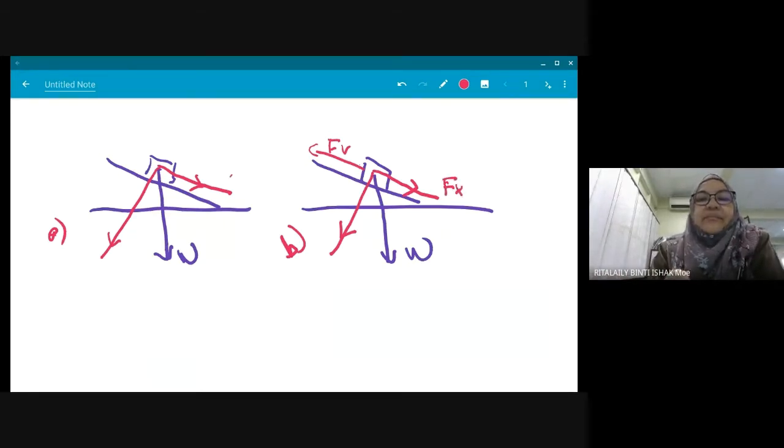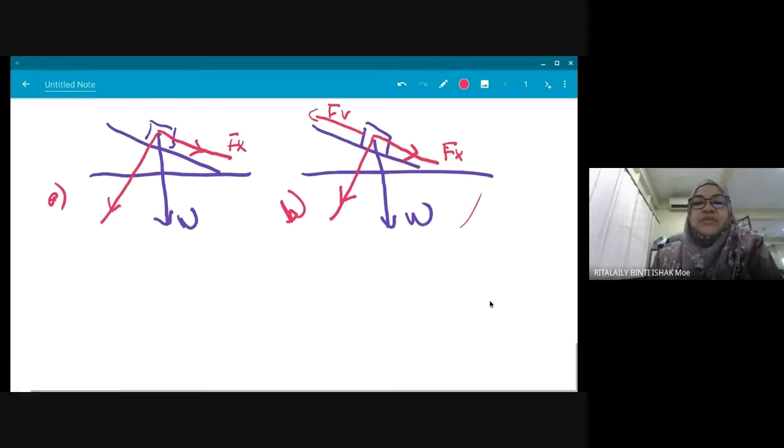From these two diagrams, let's say Fr is equal to Fx. So we know that B is in equilibrium, whereas for A, the system is not in equilibrium. When we calculate, we will get a resultant force. When we draw a triangle of force for these two systems, the difference between A and B is the direction of the three forces.